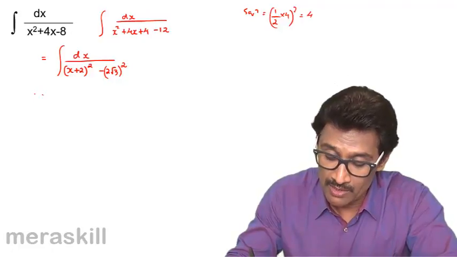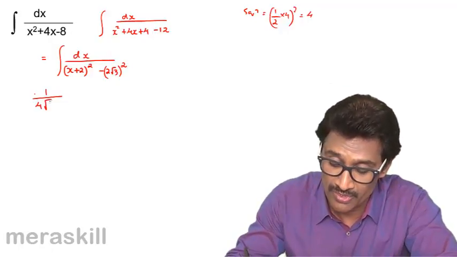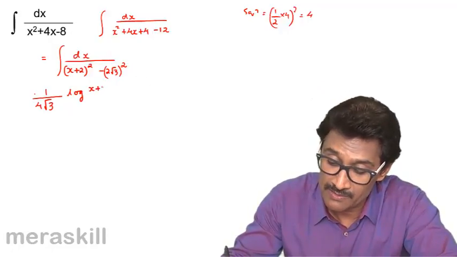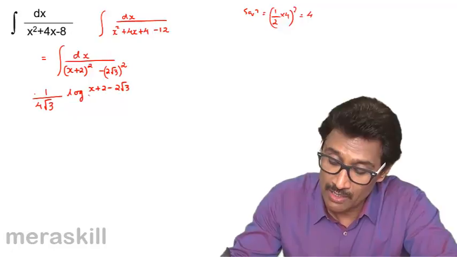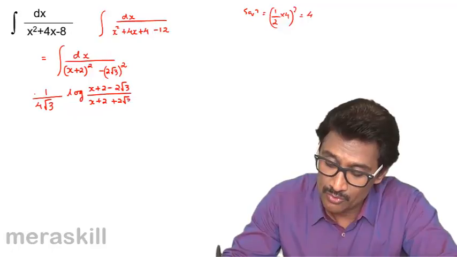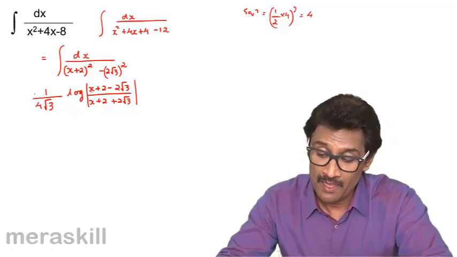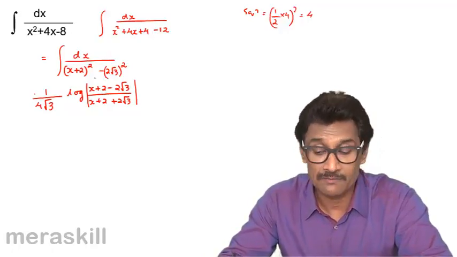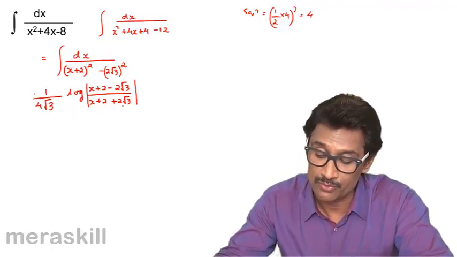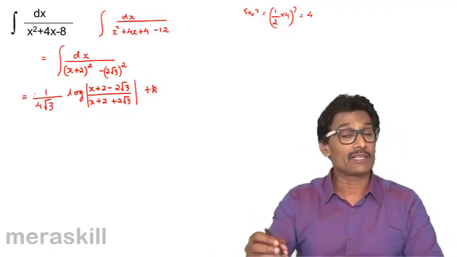So it's going to be what? 1 upon 2a, that is 1 upon 2 into 2 root 3, that is 4 root 3, log of (x minus a), that is x plus 2 minus 2 root 3, upon (x plus a), that is x plus 2 plus 2 root 3, plus k. So this way we find out the value of this.